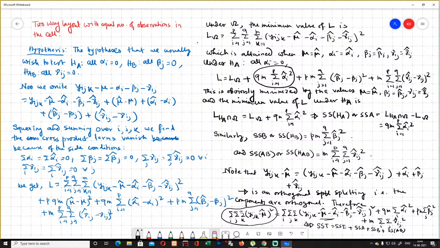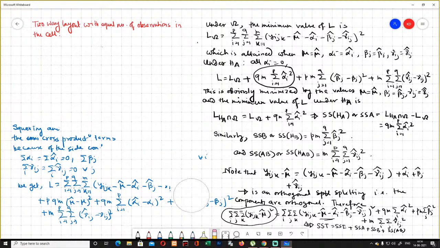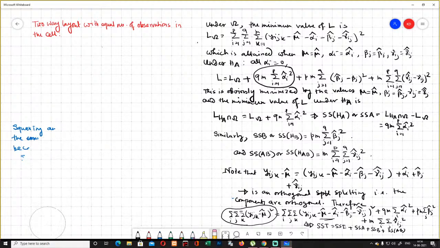Okay, so this is it. This is the orthogonal splitting of total SS.